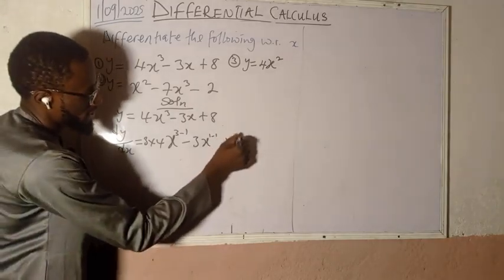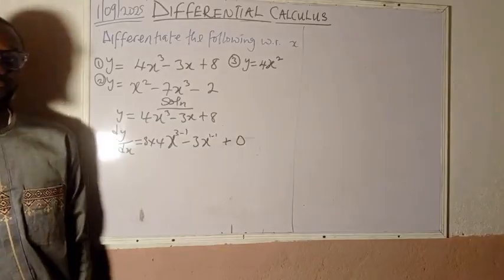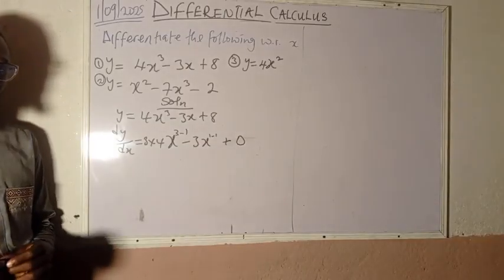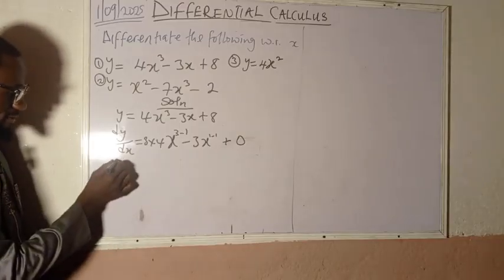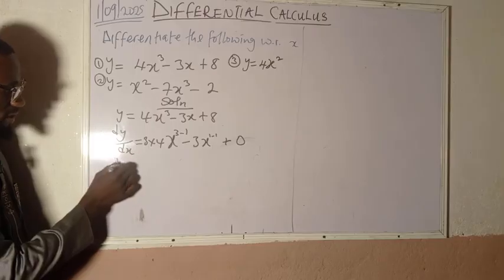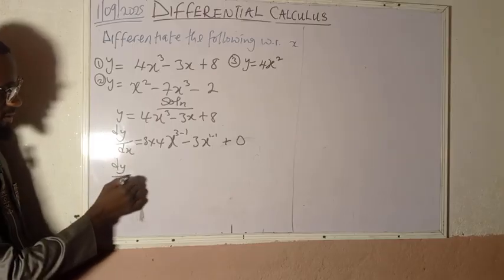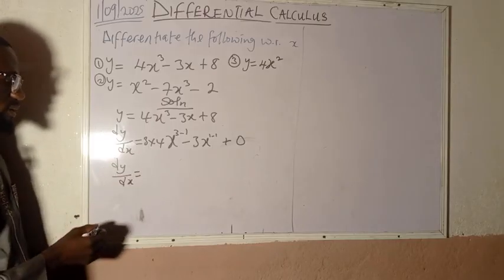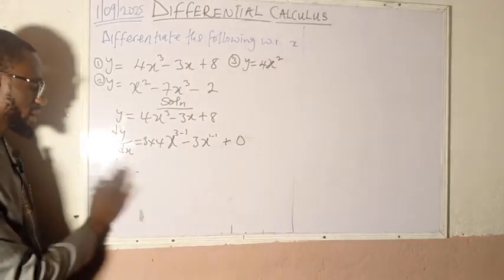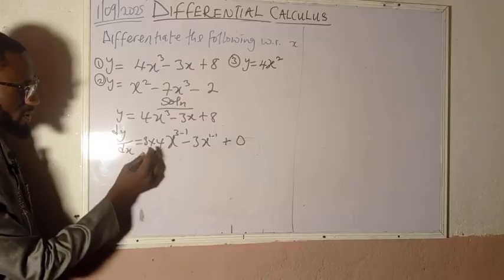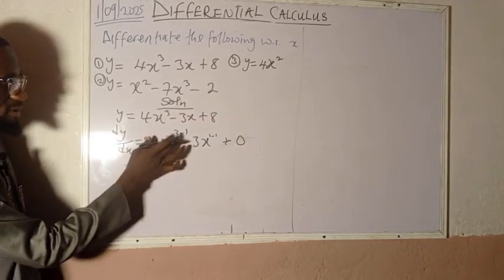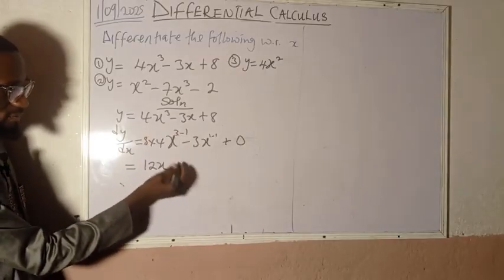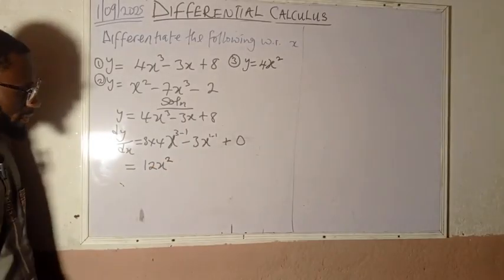Then plus 0, because differentiating any constant term gives 0. Now dy over dx is equal to 3 times 4, which is 12x, and 3 minus 1 in the power gives 2.